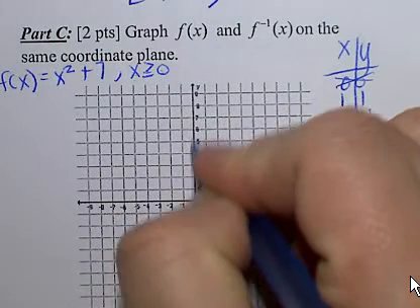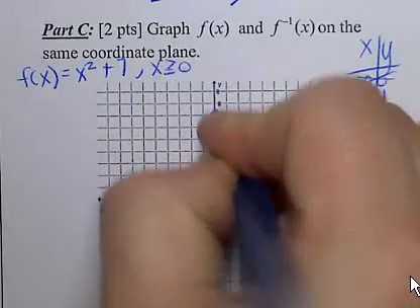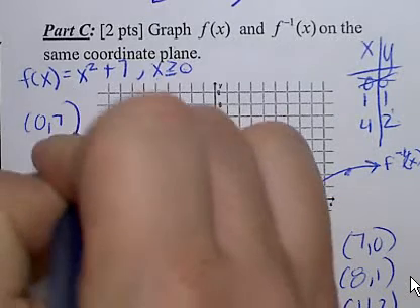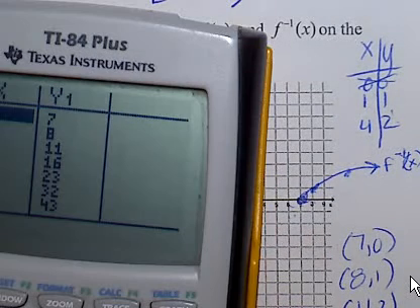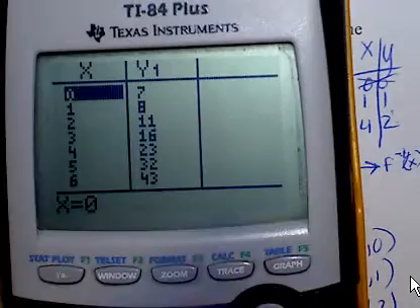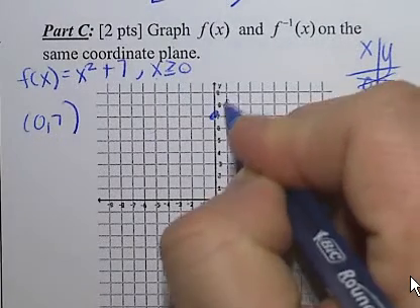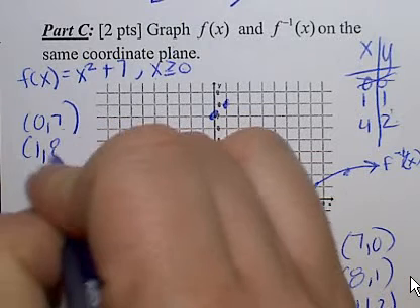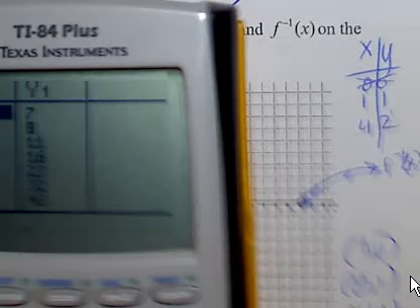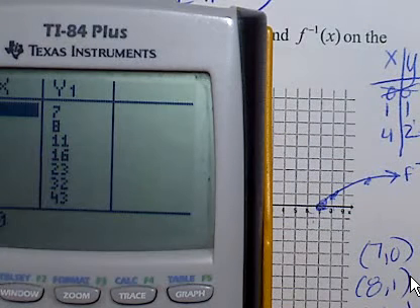So let's graph 0, 7. 0, 7 is right here. I'm also going to come off to the side and write 0, 7. What's the next number? It is 1, 8. So go over 1 and up 8. I'm going to write that ordered pair off to the side. And the last one is 2, 11.